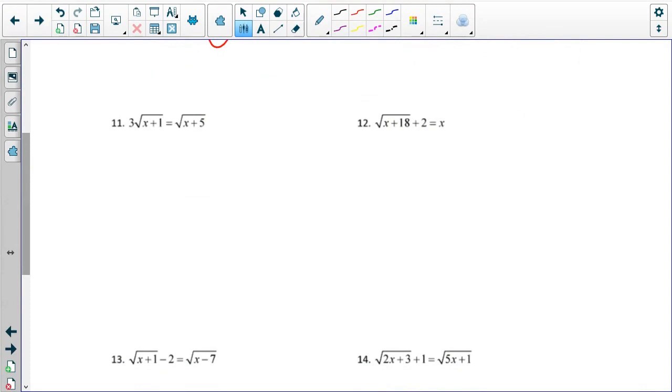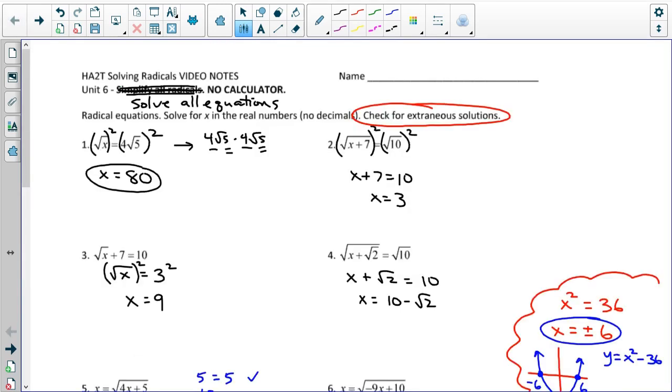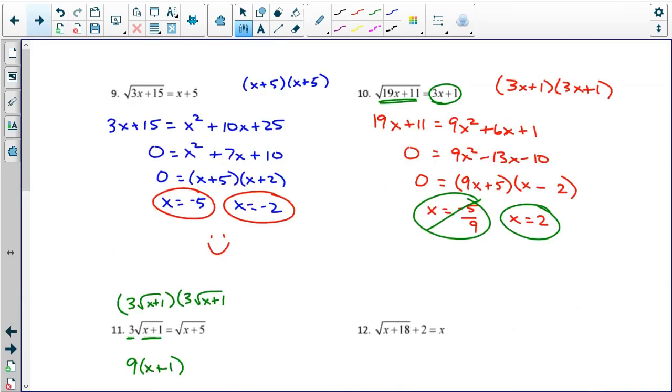Problem 11, we will square both sides. Make sure that you square 3 root x plus 1 by multiplying it by itself. So this ends up being 9 times x plus 1. It is very similar to the problem at the beginning, where 4 root 5 squared was 4 root 5 times 4 root 5.